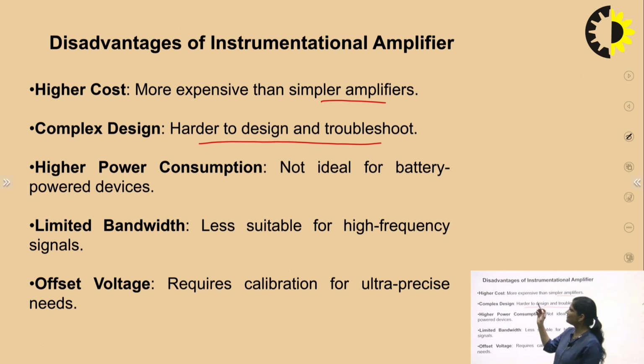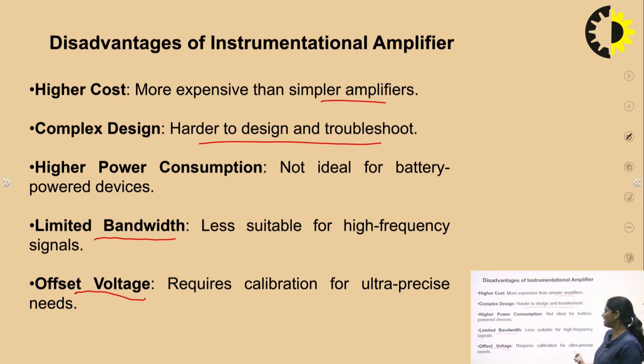Another disadvantage is limited bandwidth, which means less suitable for high frequency signals. And if we talk about offset voltage, it requires calibration for ultra precise needs. So, these are the disadvantages of the instrumentation amplifier.